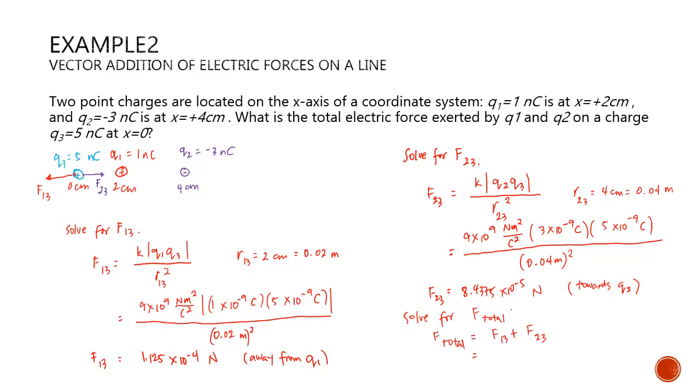So again, for F sub 1, 3, let the direction be negative, to the left. So it's negative 1.125 times 10 raised to the power of negative 4 newtons. And then for F sub 2, 3, let that carry the positive sign because it's to the right, so plus 8.4375 times 10 raised to negative 5.